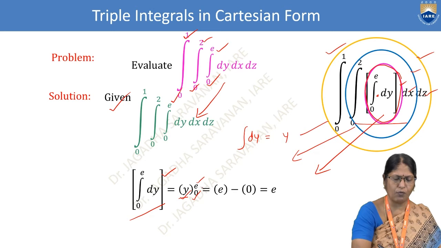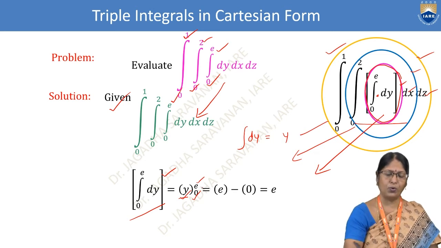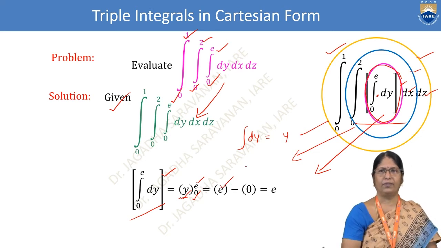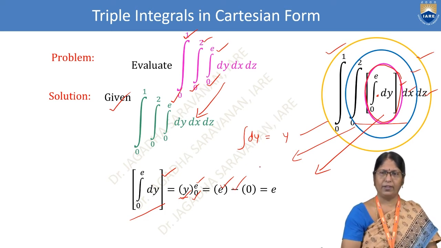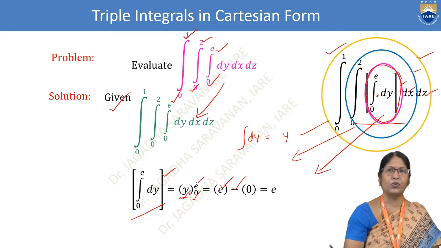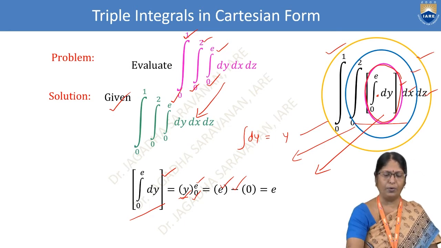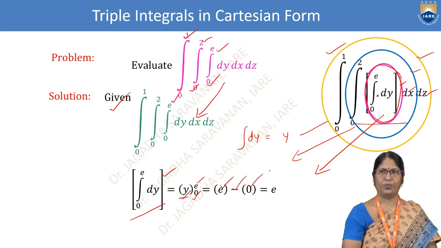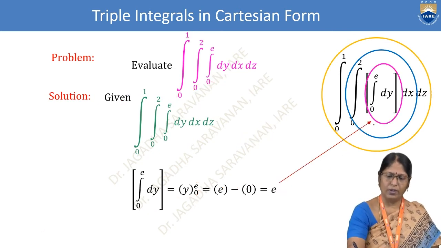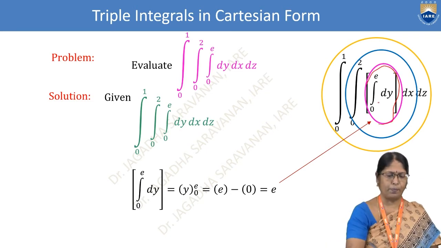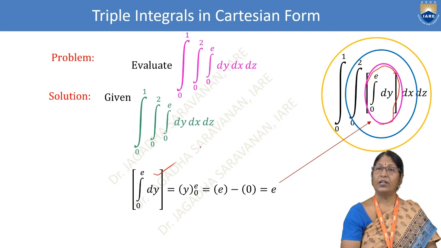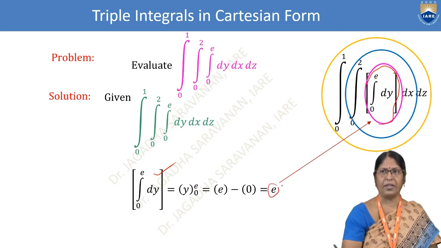So in the place of y, we are substituting the upper limit, that is e. This is the formula, minus, and in the place of y we are substituting the lower limit value, that is 0. So we got e. So now this innermost integration we have taken separately, we evaluated, and we got the result e.